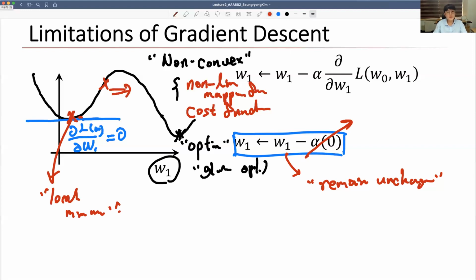But if we just use vanilla gradient descent, the direction moves this way, right? Because the tangent line is here, and the sign of the tangent line is negative, so positive, right? So we have to move in the negative direction. So we might move to here, not this direction. So we will get stuck at the local minimum as well. So that's the limitation of the gradient descent algorithm.